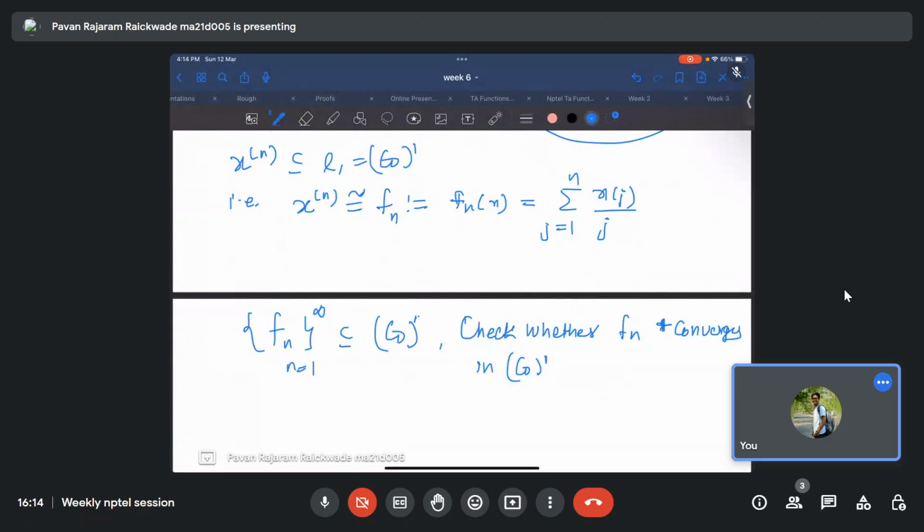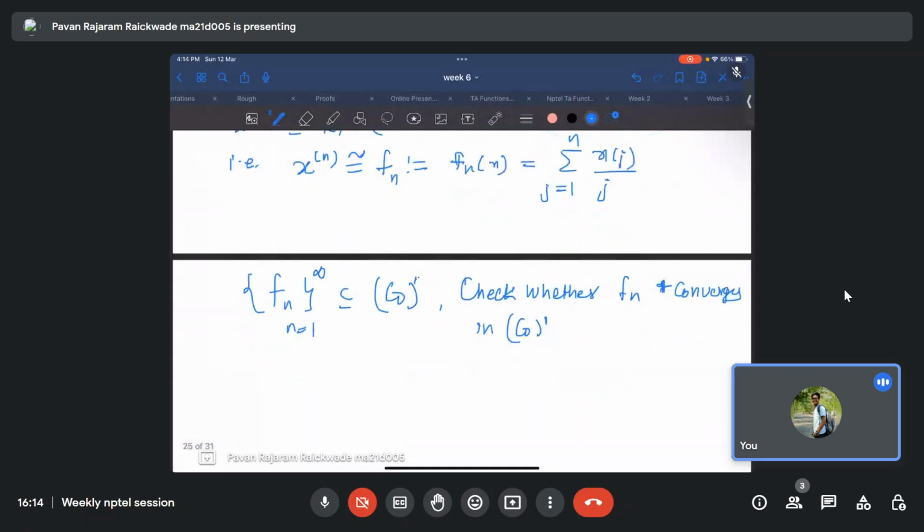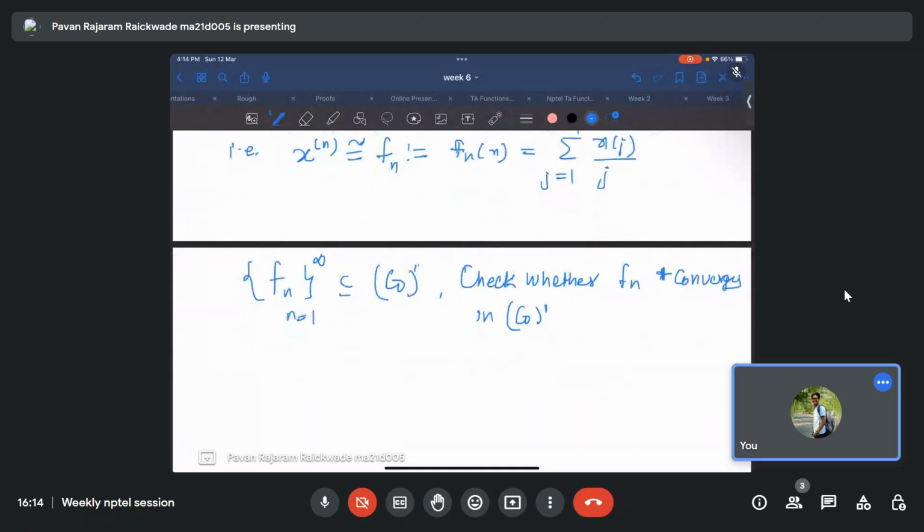But see, in weak star convergence, you have a result that the sequence Fn converges to F in weak star if and only if Fn of x goes to Fx for all x belongs to the space, where here it is C naught.